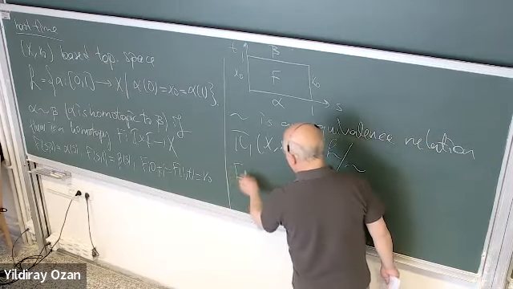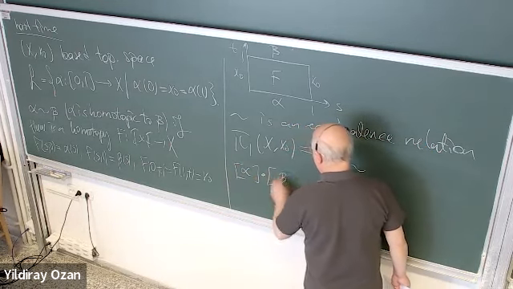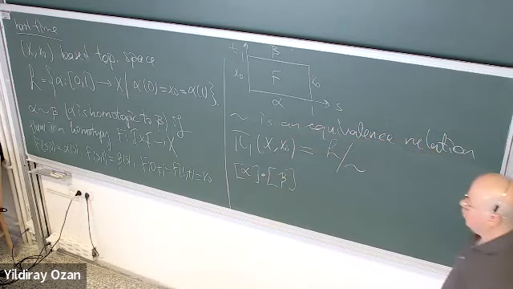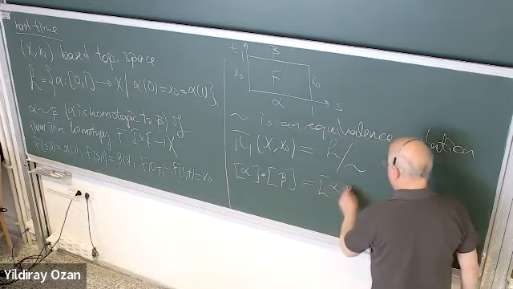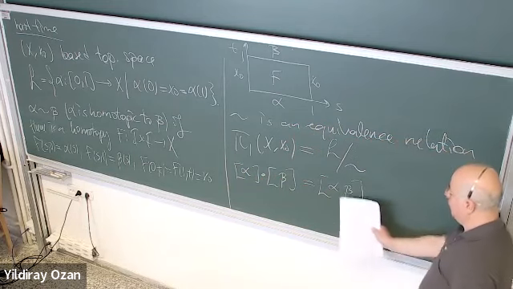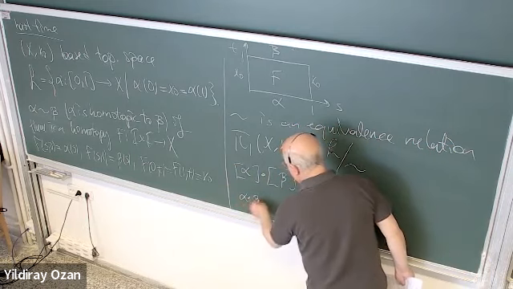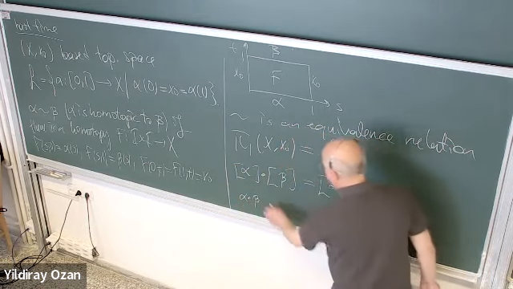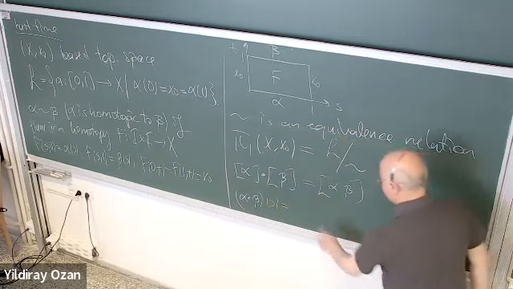Of course, one has to define group operations. The group operation is defined this way. If we have two homotopy classes, then the product is just defined as the homotopy class of this product path. So what is this? This is another path, and it is defined as follows.